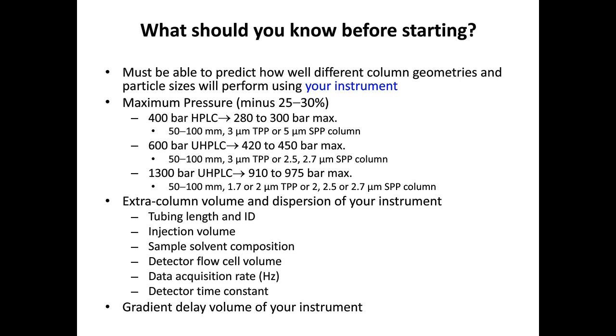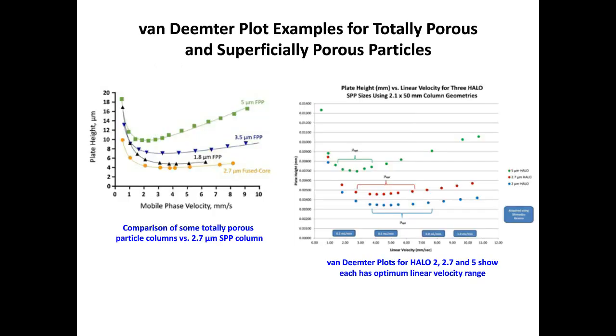A real quick look at Van Deemter plots for totally porous and superficially porous particle columns. On the left-hand side, a 5, a 3.5, a 1.8, and a 2.7 fused core or superficially porous column. The upper ones, 5, 3.5, and 1.8, are fully porous particles.